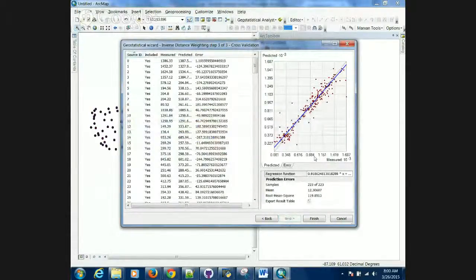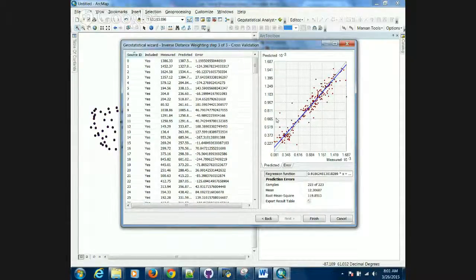And it's going to show you the result of the cross-validation. So the cross-validation here is the measured versus the predicted, where it basically performs the interpolation multiple times and holds out that value each time in order to come up with this.